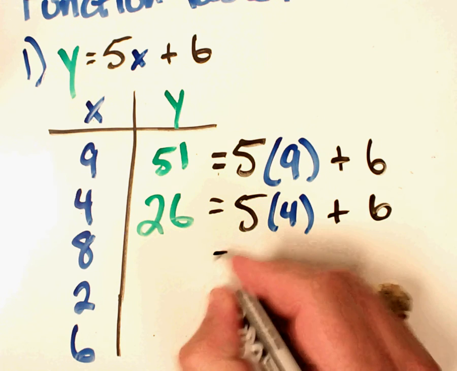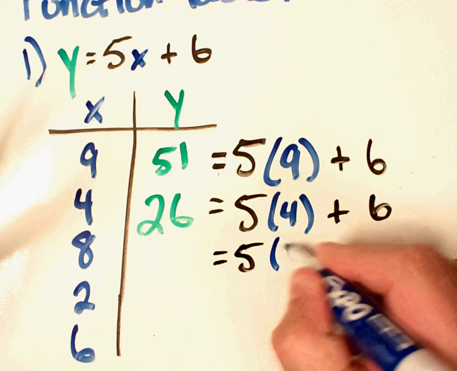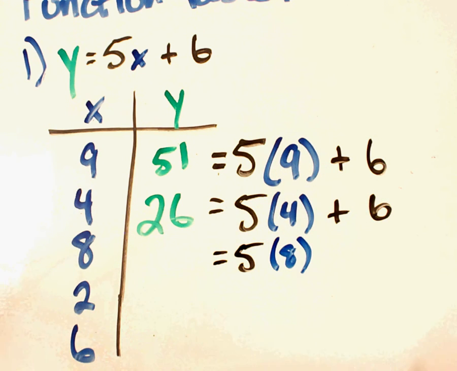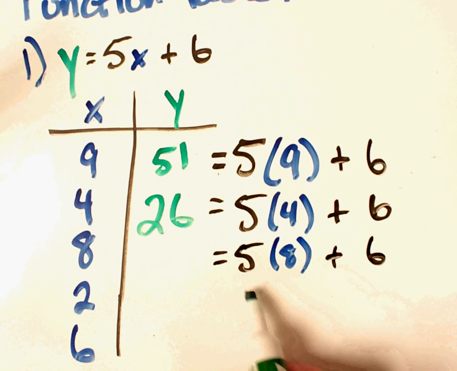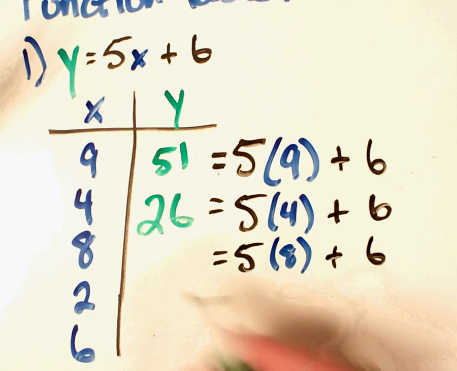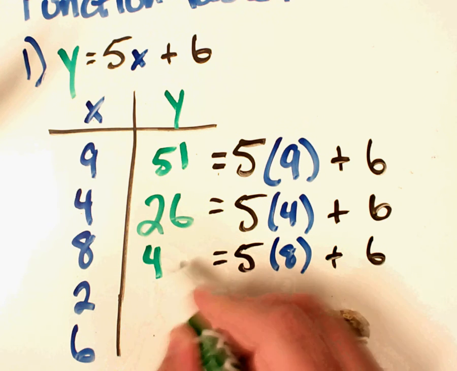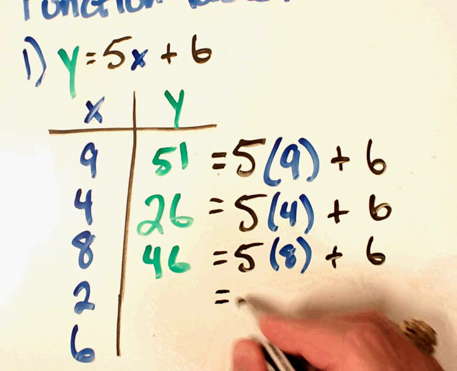For 8, we're going to do 5, substitute in 8 for x, plus 6. 5 times 8 gives me 40, plus 6 gives me 46. Next one is 2, so 5.